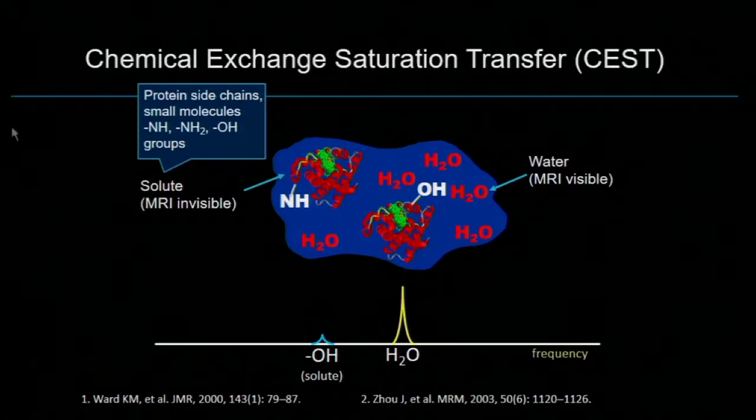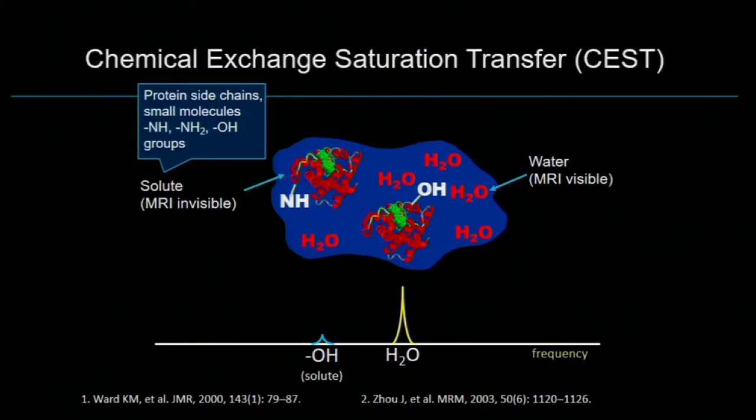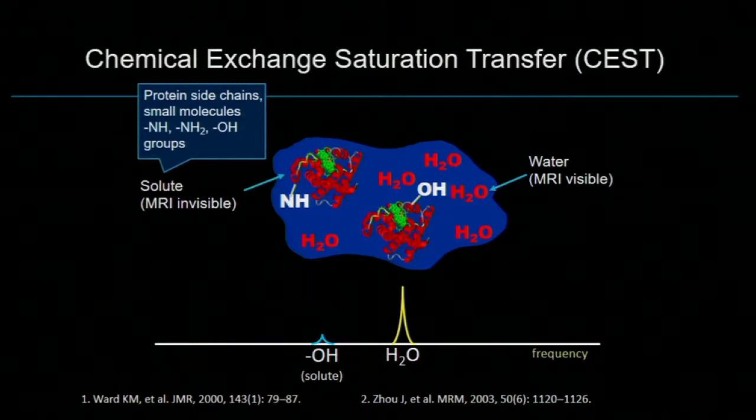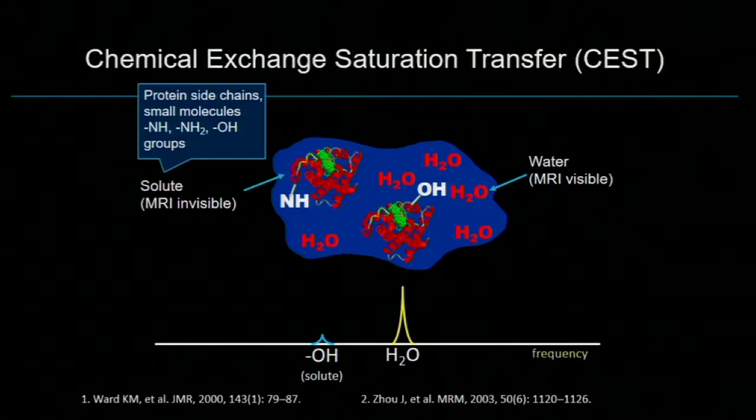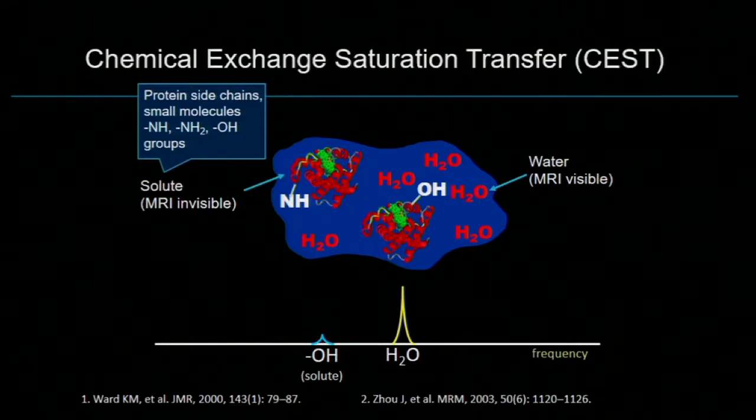As you can see down here, there are 2 proton pools. One of the pools is the water pool. Water is the most abundant molecule in tissues, so it is MRI visible. The other pool, the solute pool, can be amide, amine, or hydroxyl groups in the protein side chains or small molecules. The solute pool is usually in the millimolar range, hence it is MRI invisible due to low concentration.